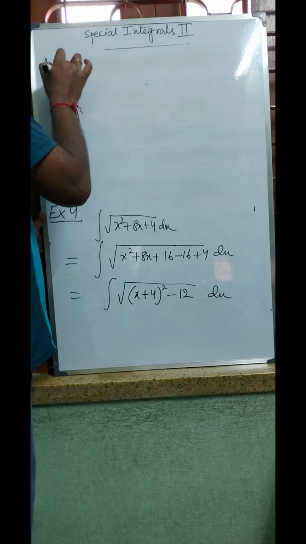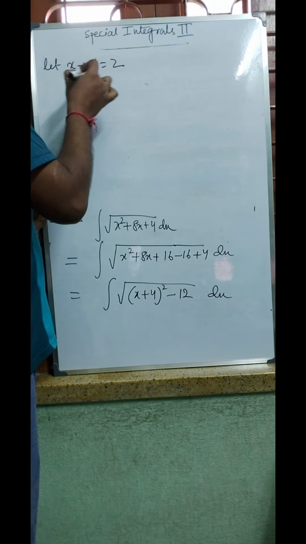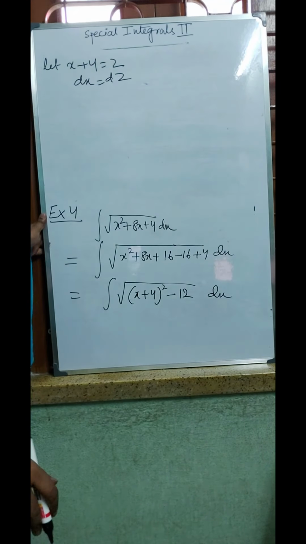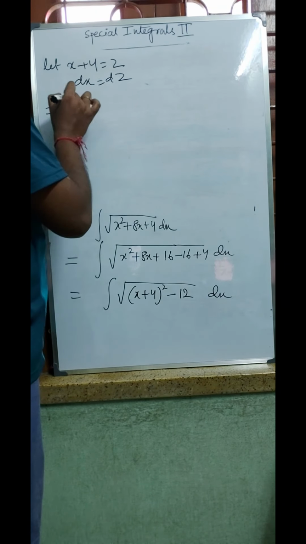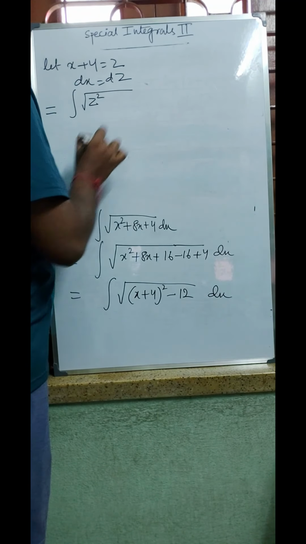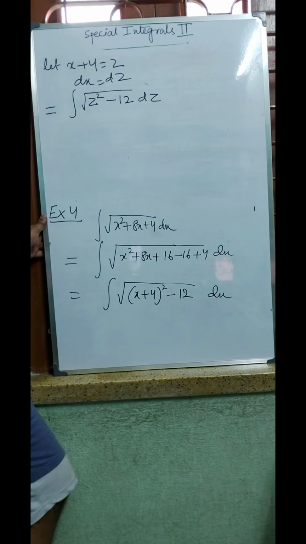So let x plus 4 equals some z. Now obviously this will give you dx equals dz. So nothing changes much. So therefore your integration will become integration under root z square minus 12 dz.